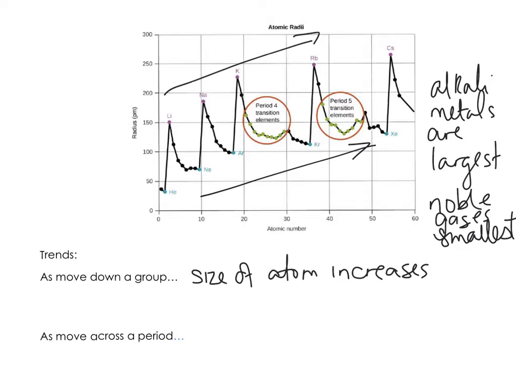Now you'll see little anomalies here and there, but that's what I was talking about earlier, about generally following the trends. So basically, as you move across a period, the size of the atom decreases.